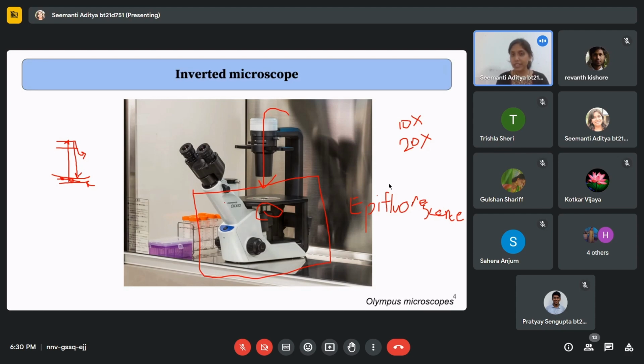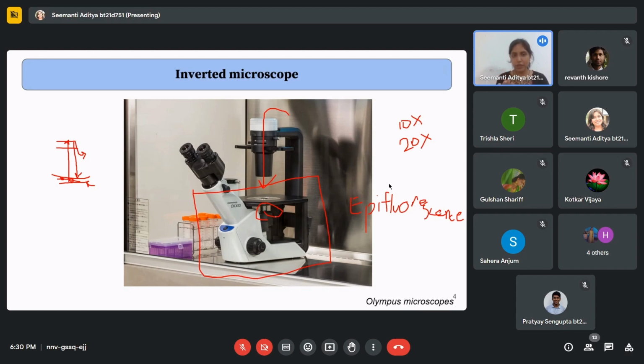That is why I was saying that we have two parts in a fluorescence inverted microscope. The lower part is epifluorescence, and the upper part is known as diafluorescence or something.